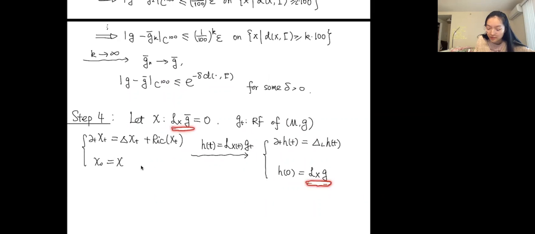Okay, and now we know that L_X g bar, this Lie derivative of g bar, is 0, and this will tell you by the formula from the last step that this initial condition of h is also very small. Okay, so using step 3, we have that h_0, the initial condition, is less than or equal to this.